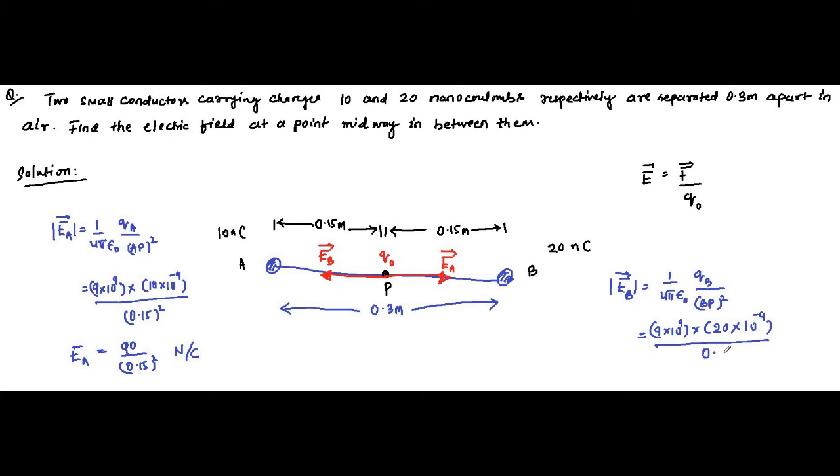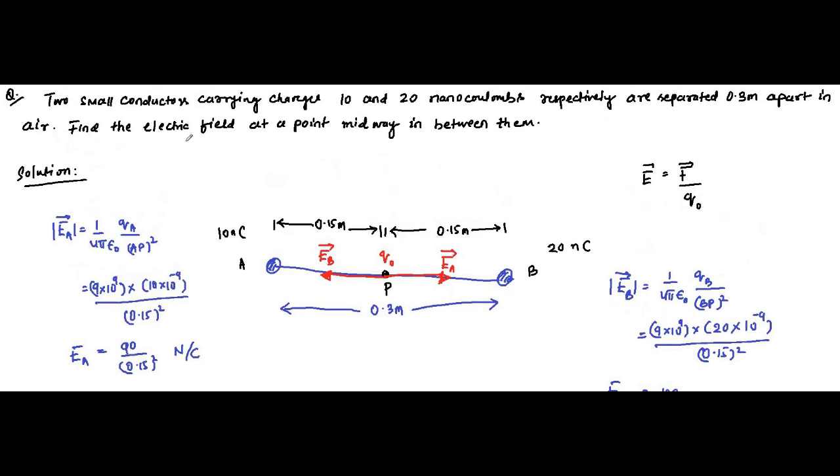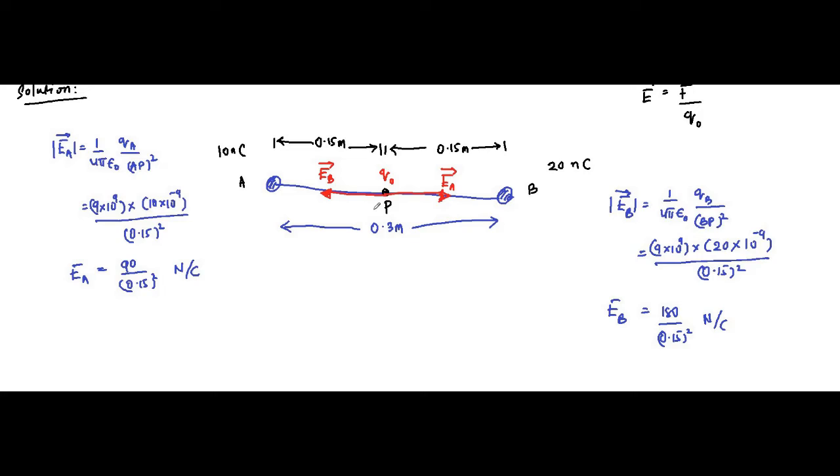Again BP is 0.15 whole square. So that is equal to 10 to the power 9, 10 to the minus 9 will get cancelled. This will be 180 by 0.15 whole square Newton per coulomb. That is EB.